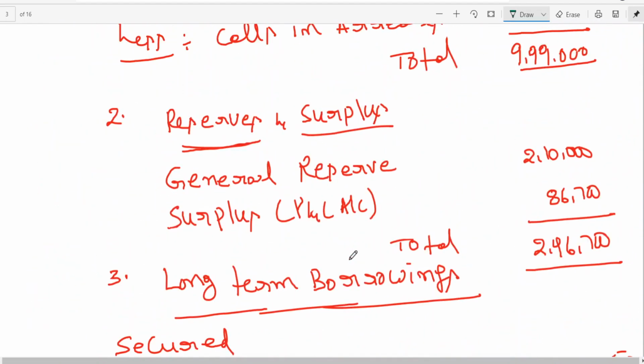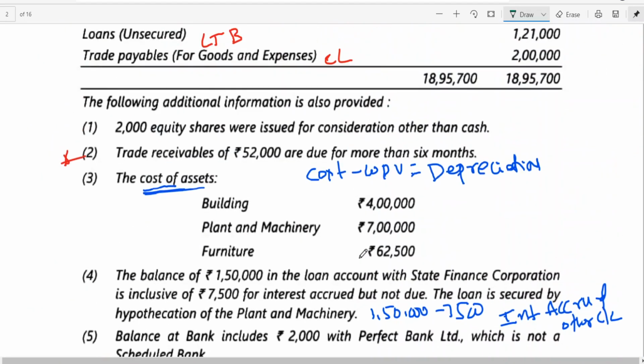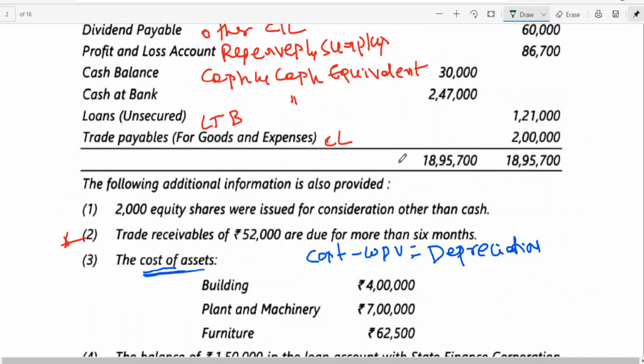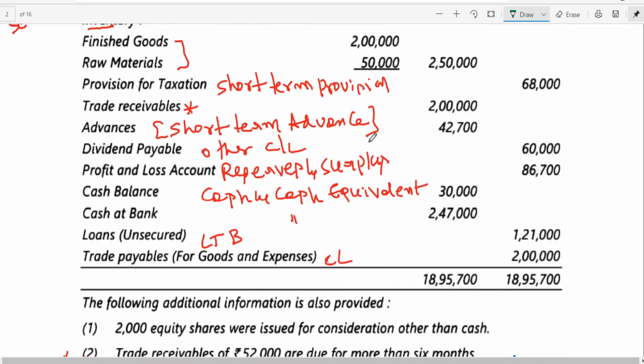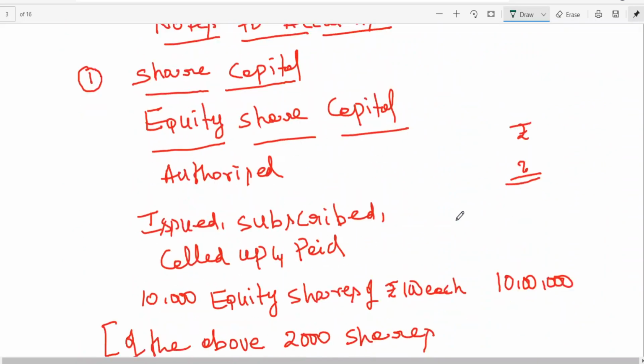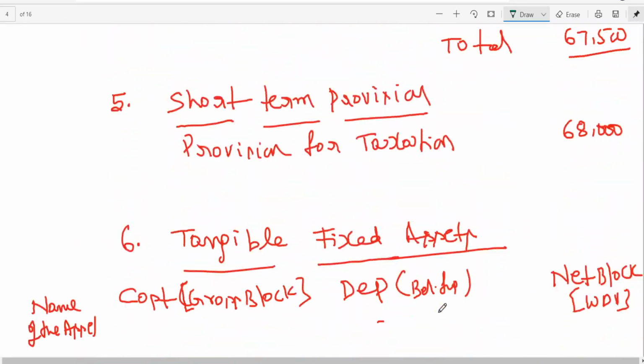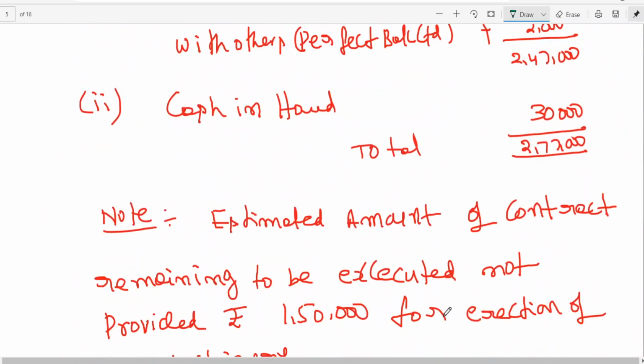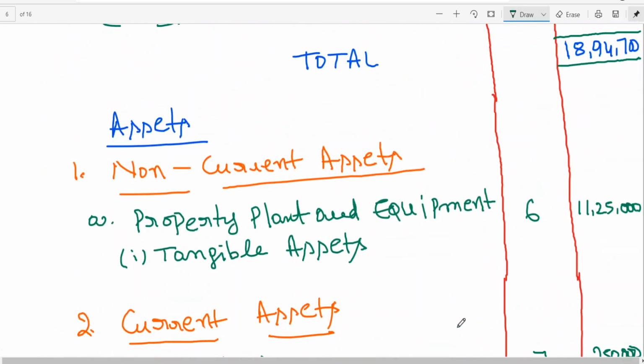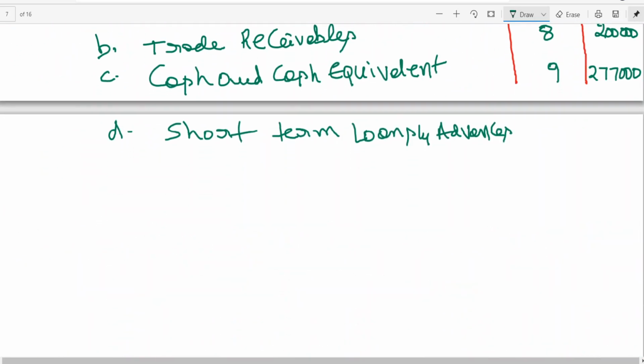I've mentioned that advances has been assumed as a short term advance. So directly only one item is there. Obviously, it comes under short term loans and advances. That amount can be written here. Short term loans and advances coming to 42,700.